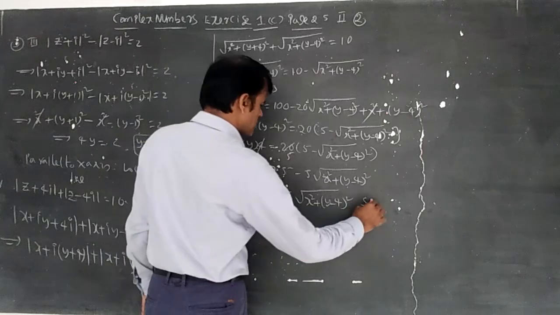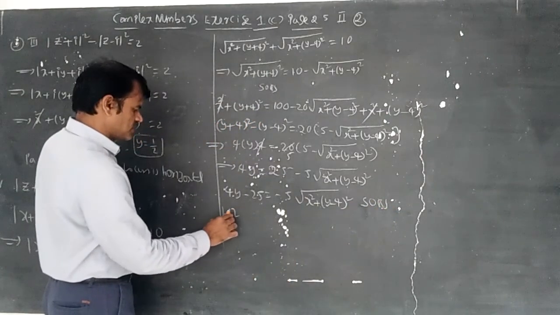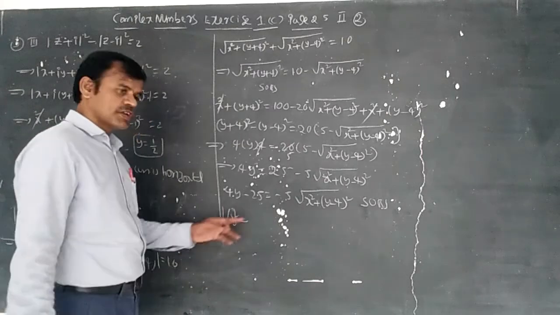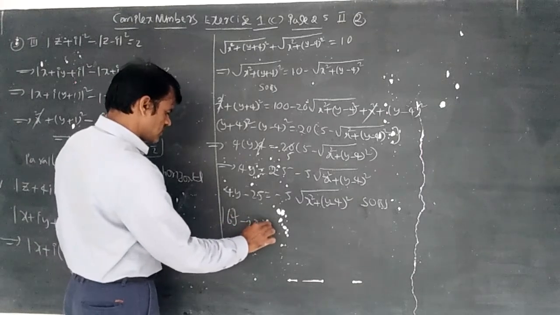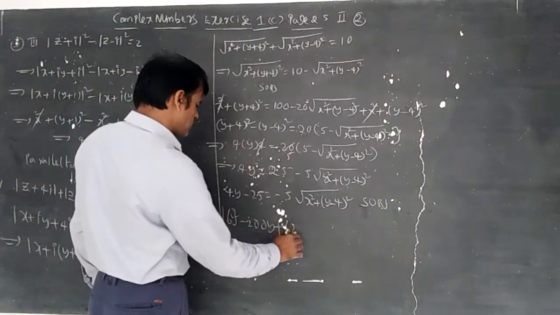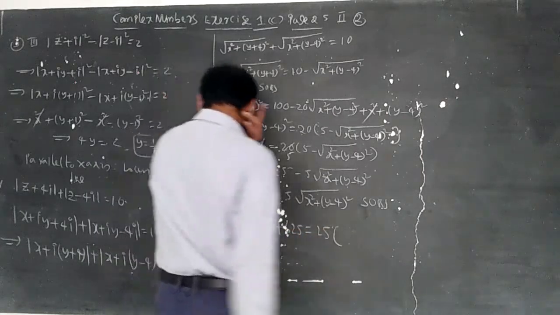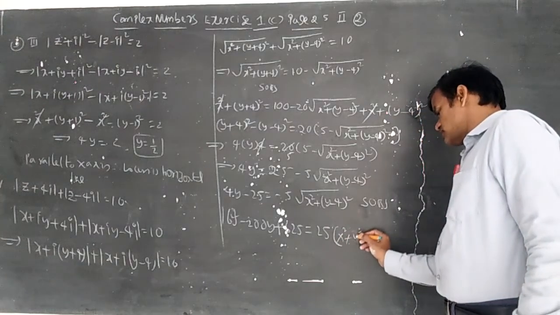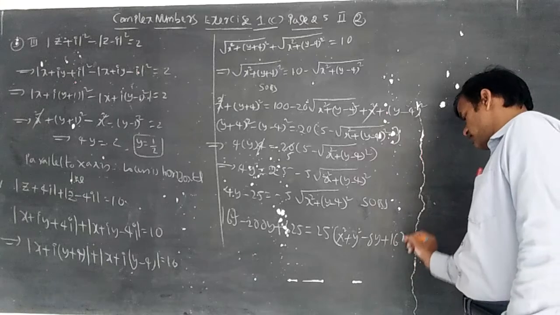Now squaring both sides. 16y square, minus 2 4s are 8, 8 25s are 200y. 16y square minus 200y plus 625 is equal to 25 into x square plus y square minus 8y plus 16.